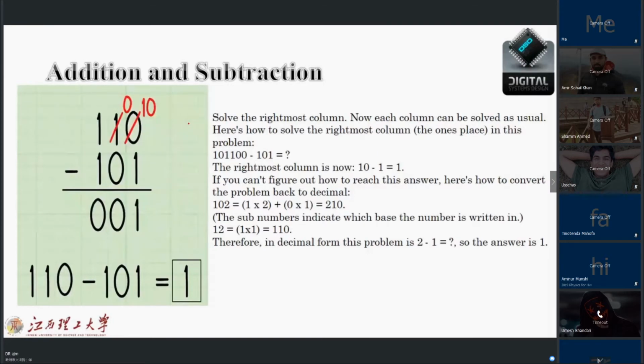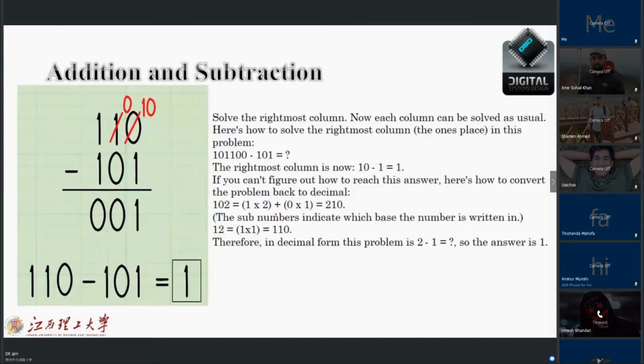Let us do this example now. Please take one piece of paper and note down these two numbers. Suppose I want to do the subtraction between 110 and 101. Okay, please have a paper. If you can see here, the first part is 0 minus 1.